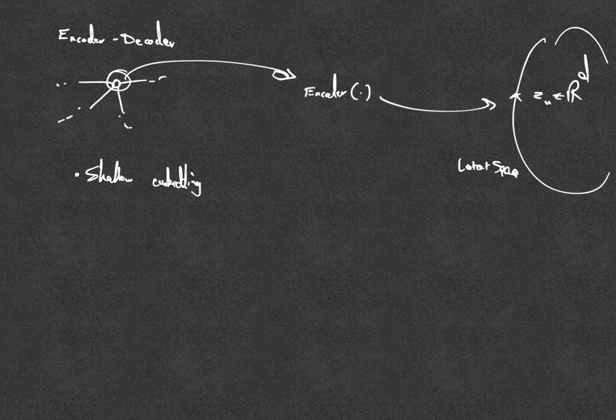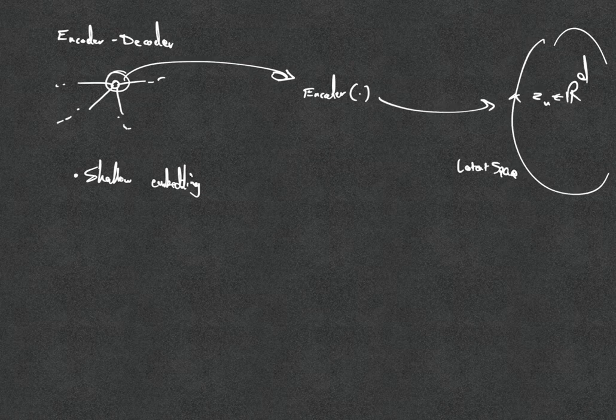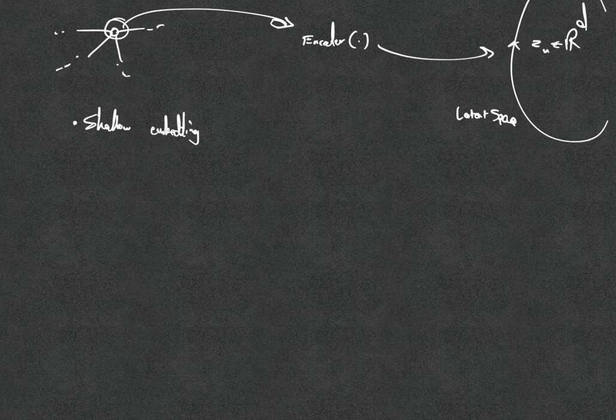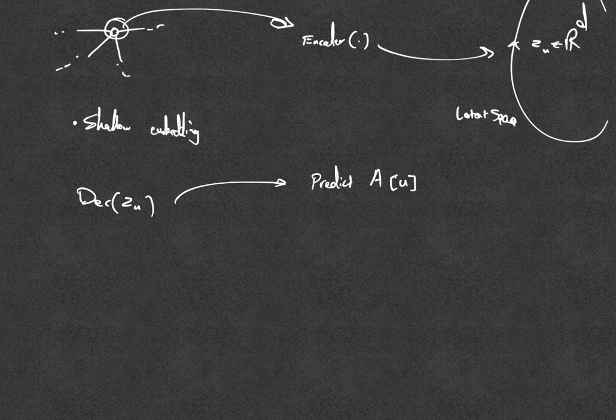Now, the question is, how exactly is the decoder going to operate? There are many ways the decoder can be defined. For example, let's say you give the decoder the Z_u. It can try to predict the row corresponding to node u in the adjacency matrix. It can try to predict the neighbors of this node within the set of nodes, which is kind of the same thing, and things like that.